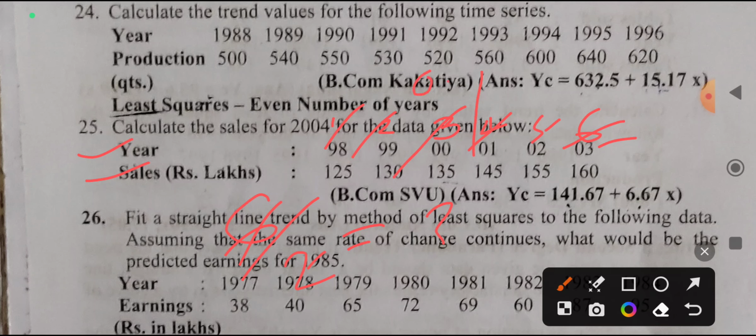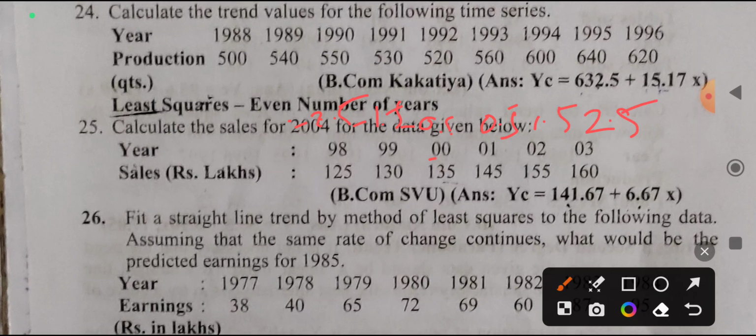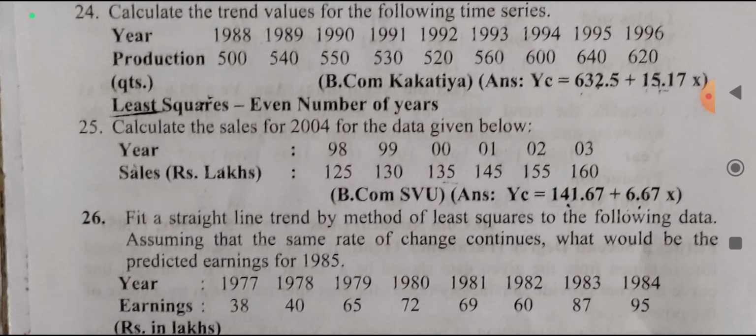So here, just a minute, this is the third year, so here it will be minus 0.5, minus 1.5 and minus 2.5, you will take this side. From the third year, this side it will be plus signs, 0.5, 1.5 and 2.5 on the other side. Okay, this is how we need to do.